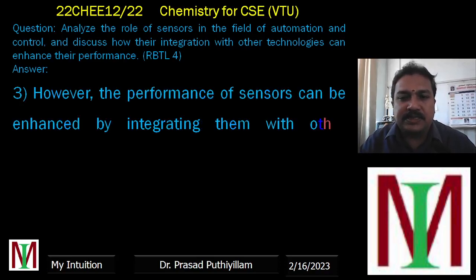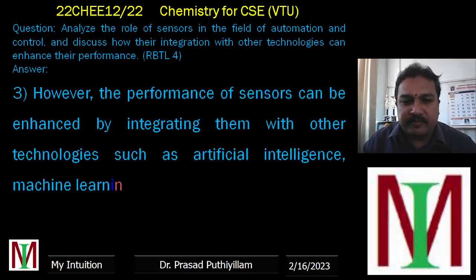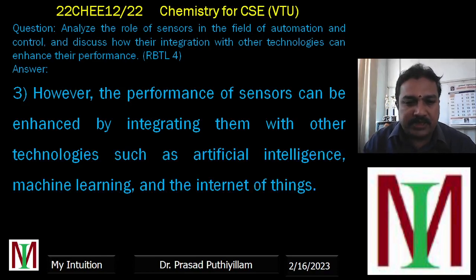However, the performance of sensors can be enhanced by integrating them with other technologies such as artificial intelligence, machine learning, and the Internet of Things. These are new things, but you already know what they are, so I need not explain in detail. Artificial intelligence is the intelligence that human beings, Homo sapiens, have; we try to mimic it by using coding or computer networks to do analyzing work.